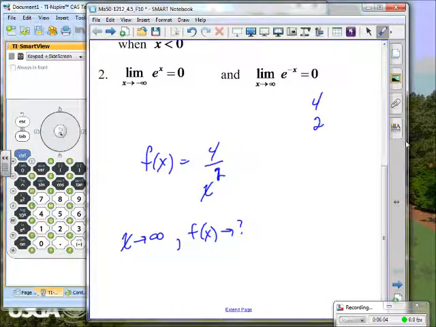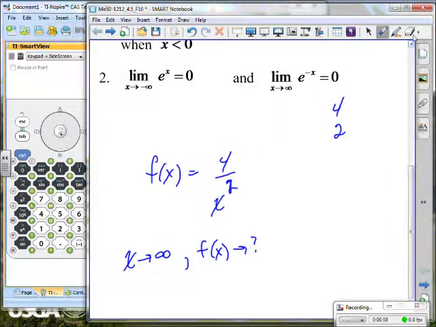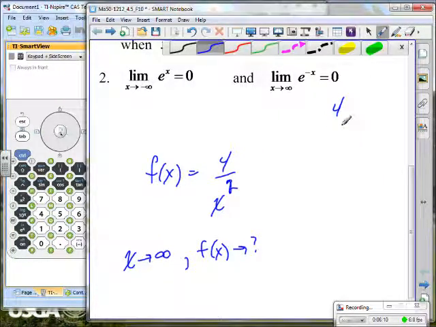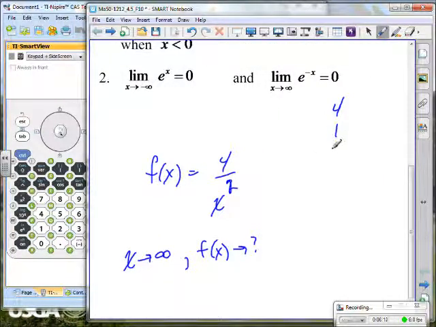So let's see. We started with 4. We went down to 1. Let me find where my eraser is here. We then said, what was the next one? Erica, you've been giving these to me. 1/2, and then 1/4. Well, let's jump a little bit, because we're trying to get to infinity. So what if x is 100? 100 squared, isn't that 10,000?